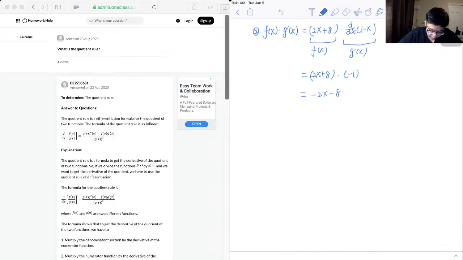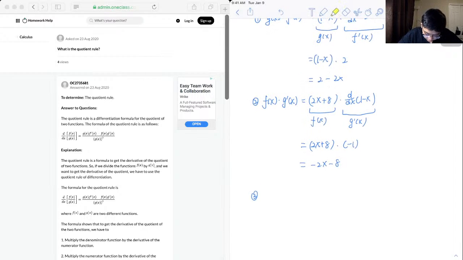Great. So following the third step, we need to subtract the answer in step 2 from the answer in step 1, which are these two.